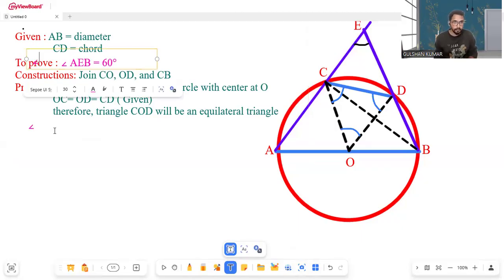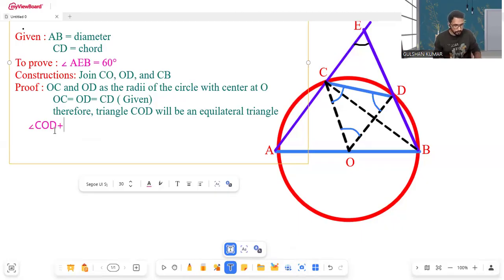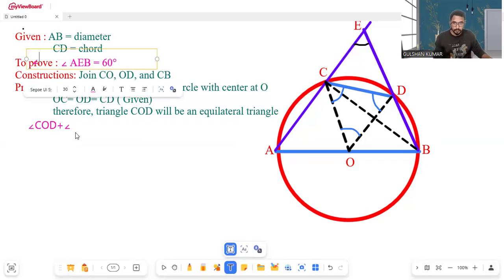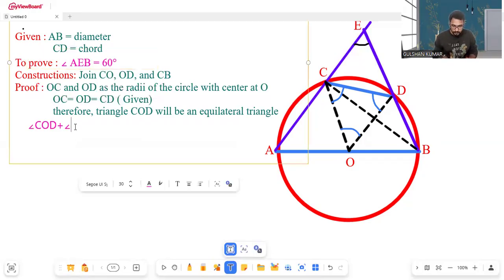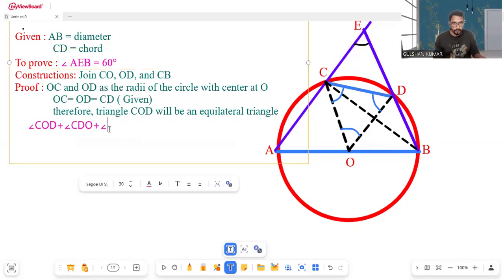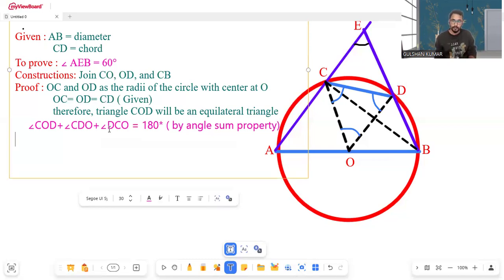by angle sum property, angle COD plus angle CDO plus angle DCO equals 180 degrees.